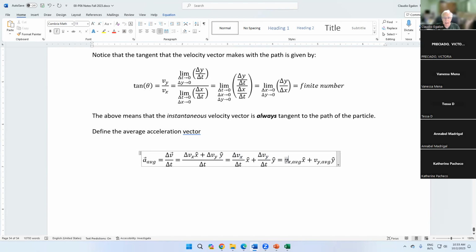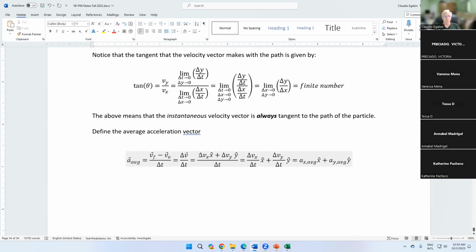And then we are going to have an x component of the average acceleration vector, the y component of the average acceleration vector. And by the way, let's not forget that what we have here is final velocity minus initial velocity. If you want to spell it out, final velocity in the x direction minus initial velocity in the x direction, right? Final velocity in the y direction, you can. So let's keep the notation short.